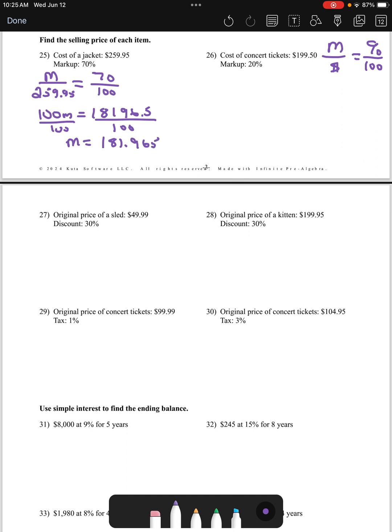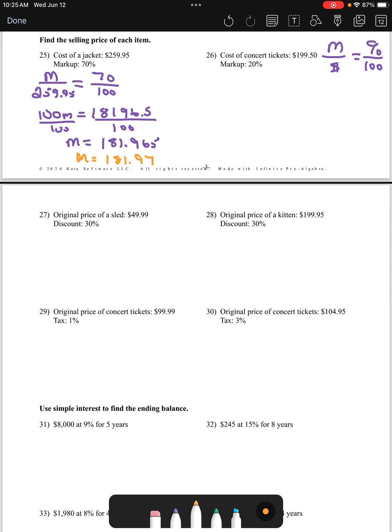Now that's what I truly get, but it's not what we're going to use. We're going to use 181.97 because it's money. Money can only have 2 decimal places, so we have to round the markup to 2 decimal places.